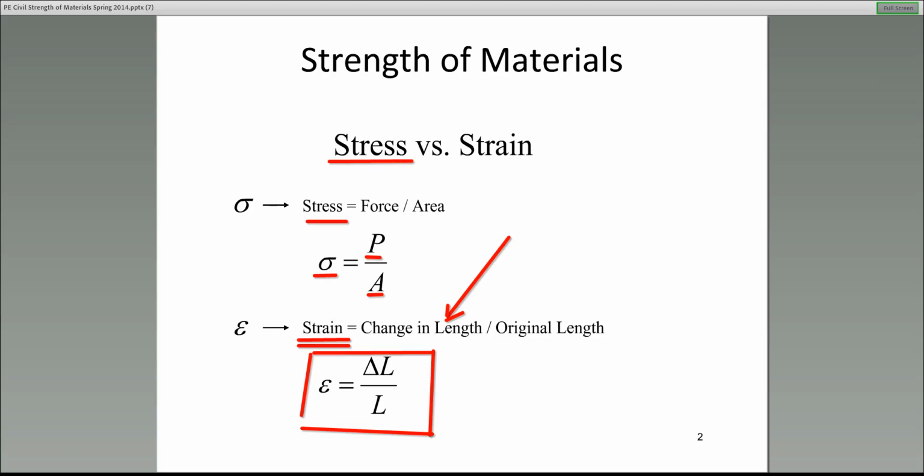The common mistake is that some people, when they talk about strain, just think it is change in length. It is not. Strain is change in length, always divided by the original length. Please make sure that you remember that.